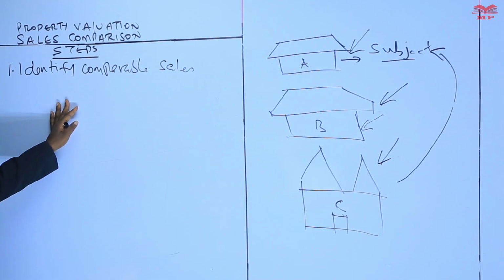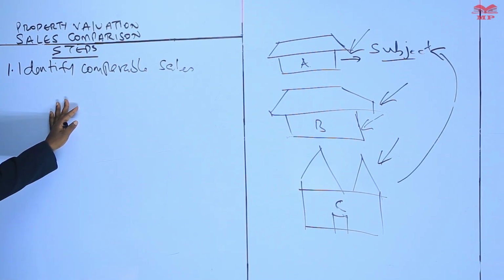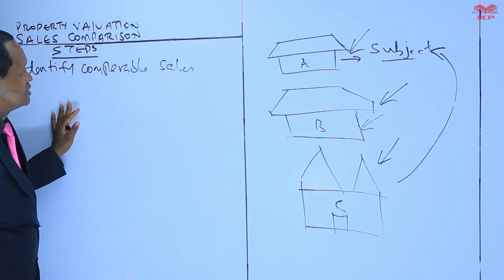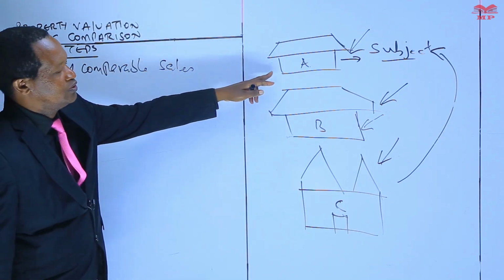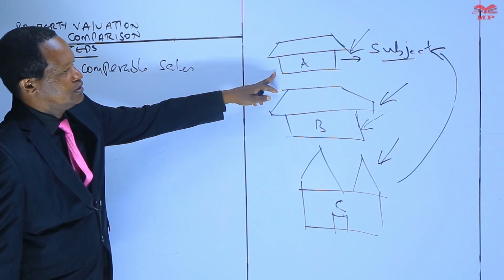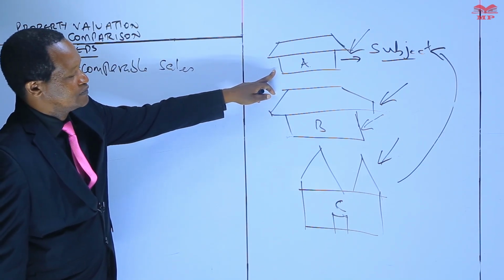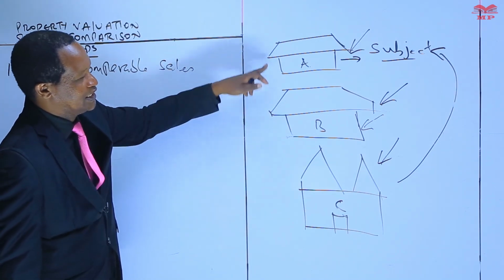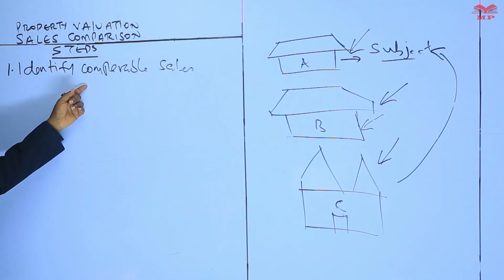The first and most crucial step is to identify recently sold properties that are similar to the subject property in terms of the key characteristics. So if you are to value a house in, say, Kilimani area, you identify a house that has similar characteristics in Kilimani area that have been sold recently. So identify comparable sales.